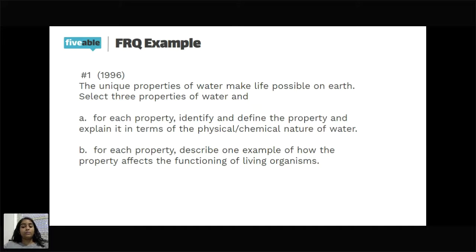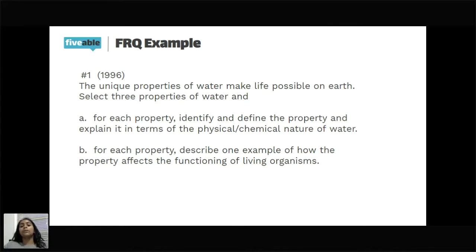And then one last one we can talk about is ice being less dense than water. This is very important in lakes, because if ice was more dense than water, once the top freezes, the ice would sink to the bottom and the bottom would continue to freeze and sink.